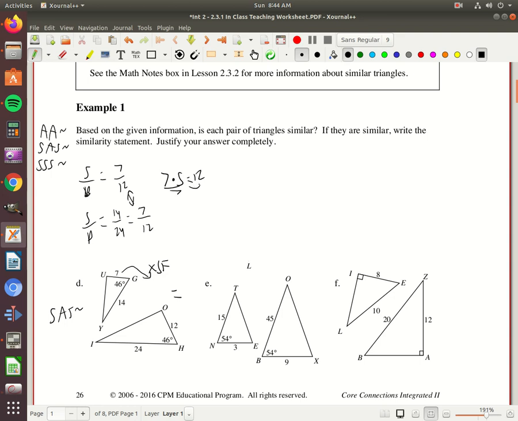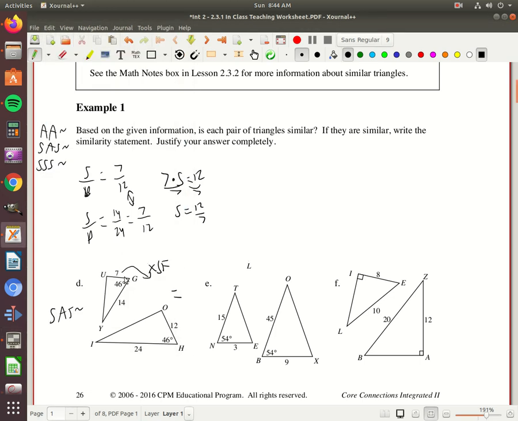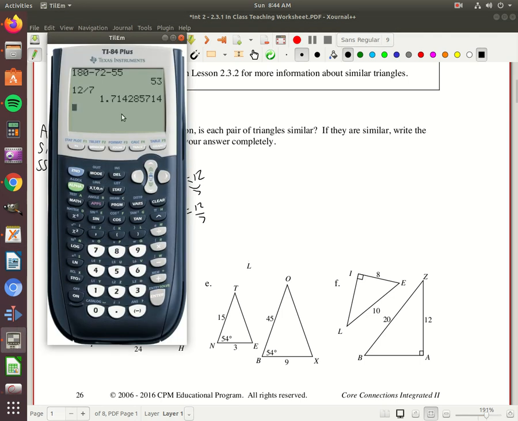If I divide by 7, my scale factor is 12 sevenths. As a decimal, it's 1.7. So 1.7 is my scale factor. So if I multiply 14 by this number, I should get 24.